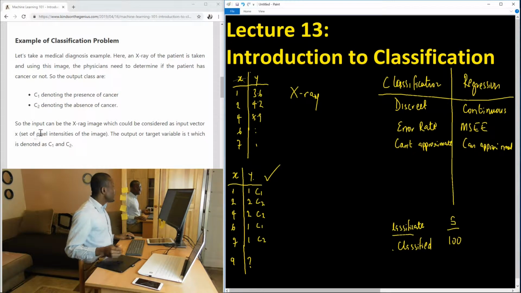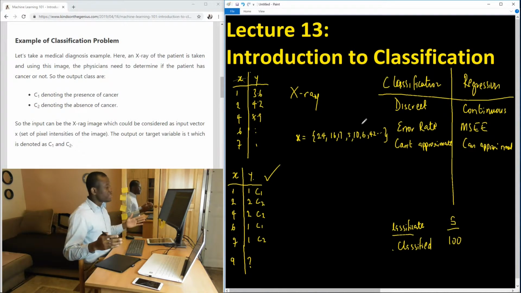So the input will be considered to be X, a set of X-ray images or a set of pixel intensities. So it means that X is equal to, let's assume these numbers represent intensity: 24, 16, 17, 5, 10, 6, 4.2, and so on.